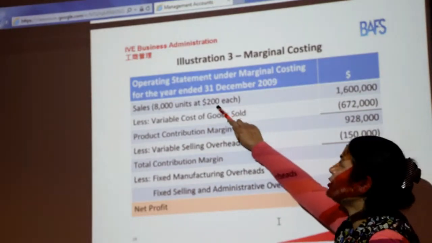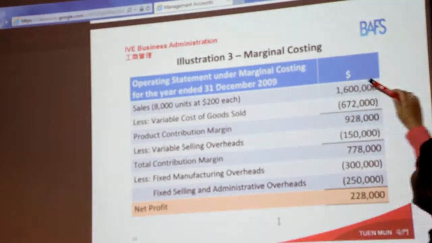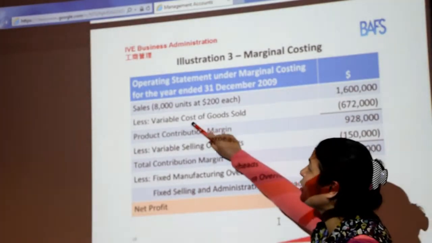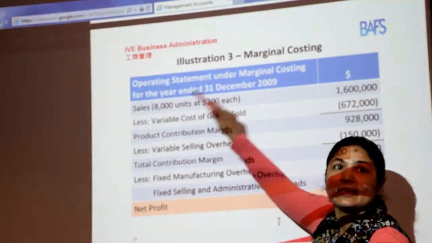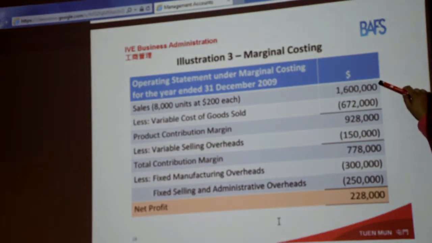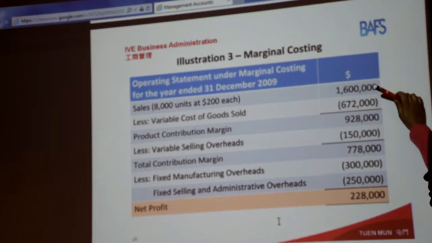The selling price was 200 per unit. Yes. So that's our sales. We have just calculated the variable cost of sales for 8,000 units. Yes. And this is what we have calculated. If we take this out, sales minus variable cost gives you the contribution, the term we learned yesterday, as the difference between the sales and the variable cost.